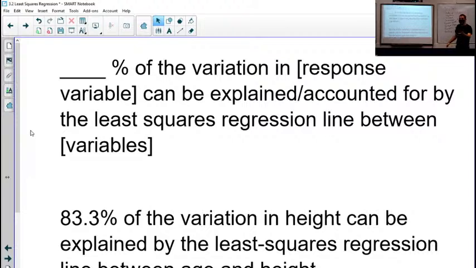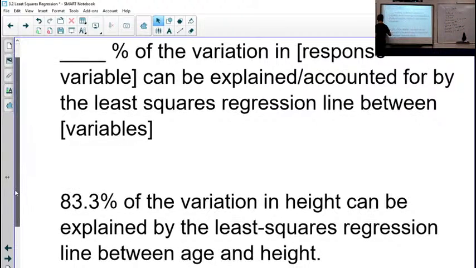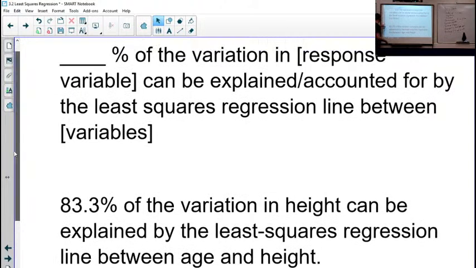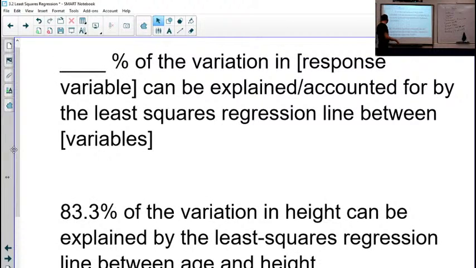So if you look at the example from yesterday, the r squared value we got was 0.833. That tells me 83.3% of the variation in height can be explained by the least squares regression line between age and height.